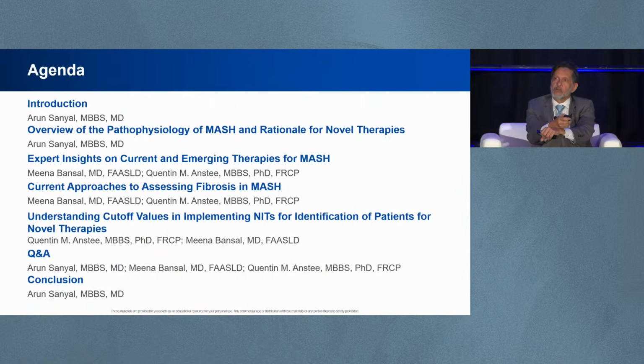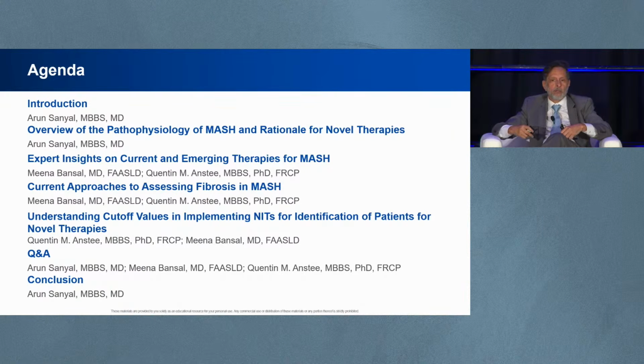We'll cover several topics today over the next 90 minutes or so. Starting with an overview of where we are with this disease that we now call MASH and what the rationale for its current therapeutics are.